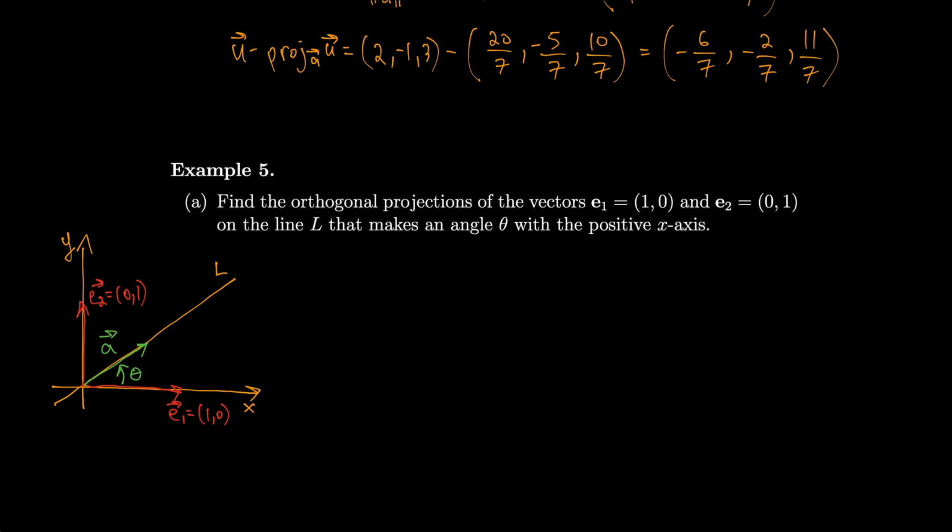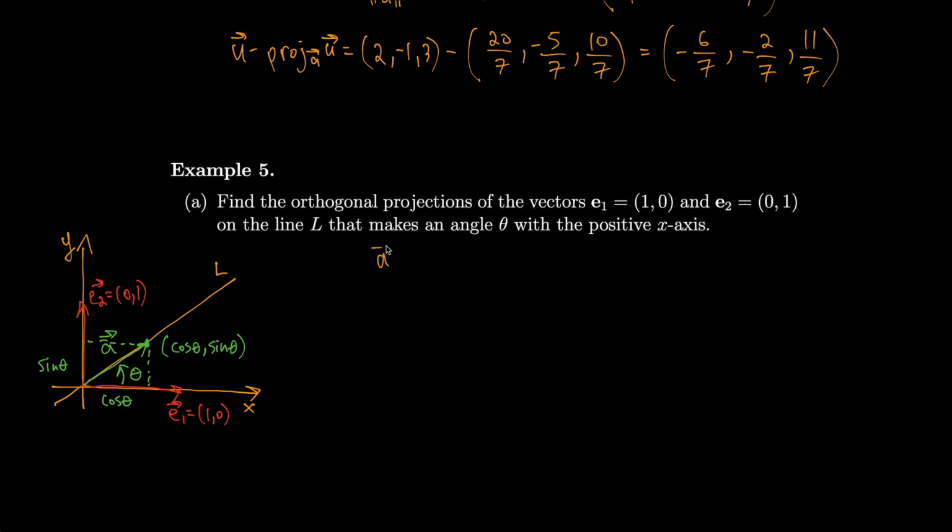Then I'll make A some vector that goes along L. Remember, this angle over here is theta. I would like to figure out what the coordinates of A are, but if I go down over here, notice I have a triangle, that's theta, so this is just going to be the cosine of theta. And if I go along over here, this height would just be the sine of theta. So A has coordinates (cosine theta, sine theta).